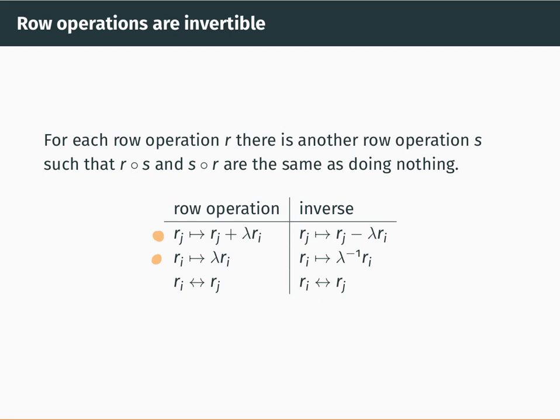You simply end up multiplying row i by lambda times 1 over lambda, which is just 1. Finally, the inverse of the row operation which swaps row i and row j is the row operation which swaps row i and row j. That row operation is its own inverse, because if you swap row i and row j twice, then clearly you're back to where you started.